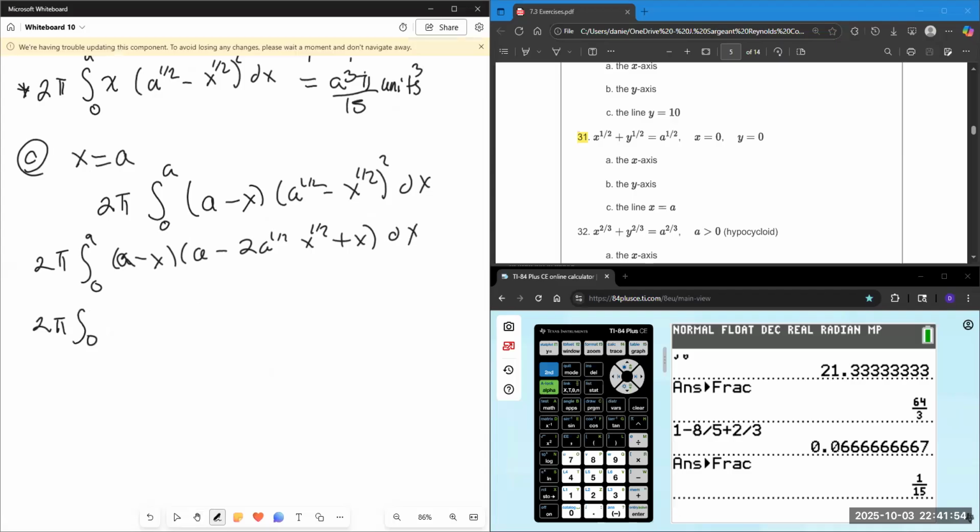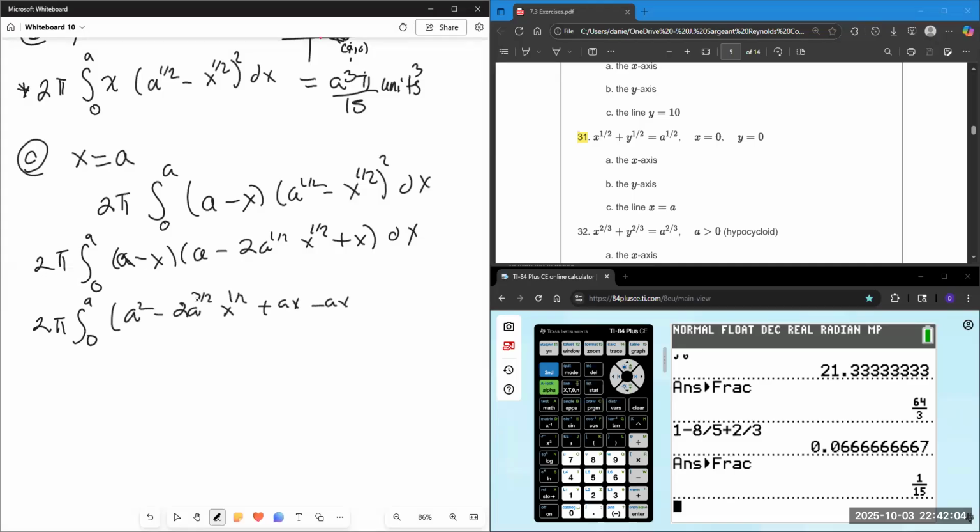2 pi, 0 to a, a squared minus 2a to the 3/2 x to the 1/2 plus ax minus ax plus 2a to the 1/2 x to the 3/2 minus x squared dx.